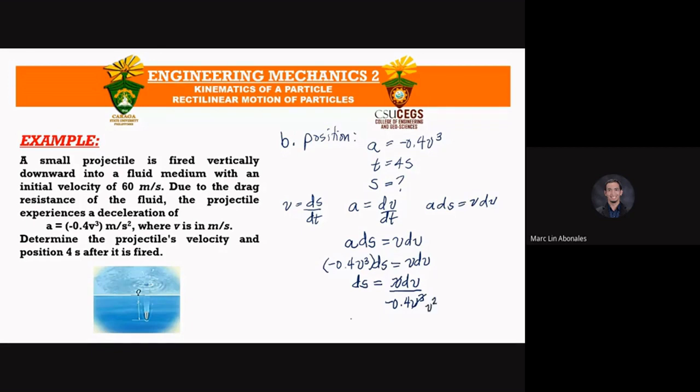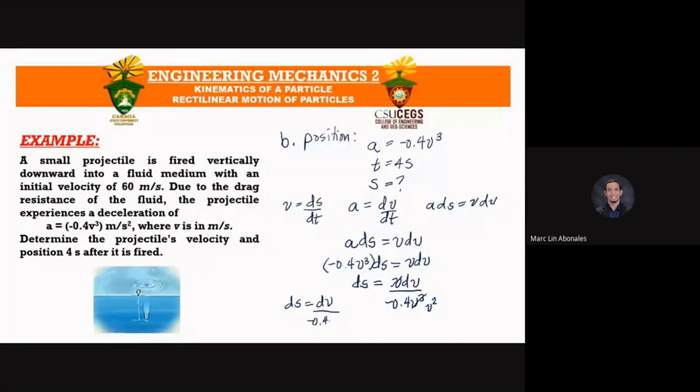The simplified form would be ds is equal to dv over negative 0.4 V squared.